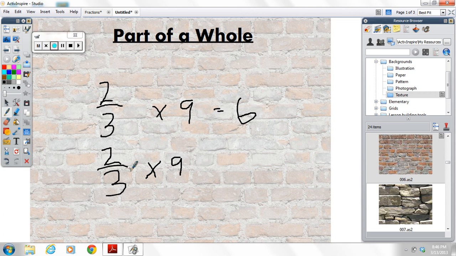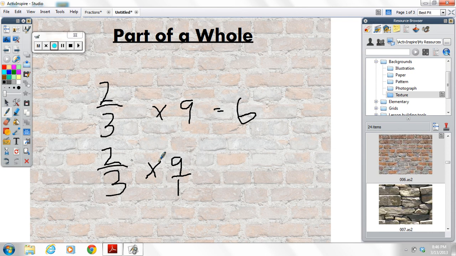Well, this has a numerator, this has a denominator. This right here is a whole number. There's no numerator or denominator. And the trick that we showed in class is, if you take this 9 and put a 1 underneath it, it now has a numerator and it has a denominator, and the value still remains 9, because 9 over 1 is equal to 9 wholes.